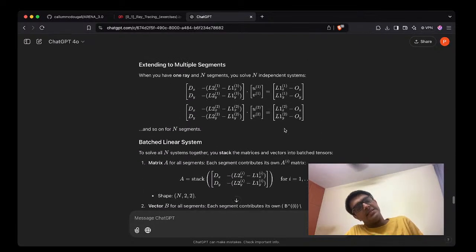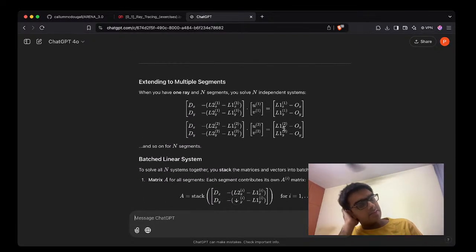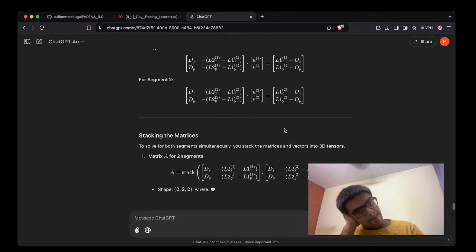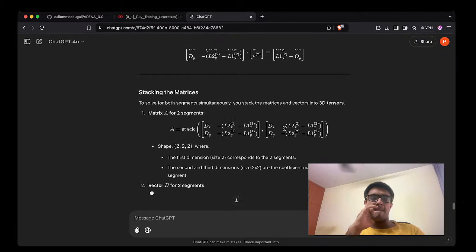Single theta, I see. Right. Okay, we're putting it into a single theta tensor of 2 by. Got it.